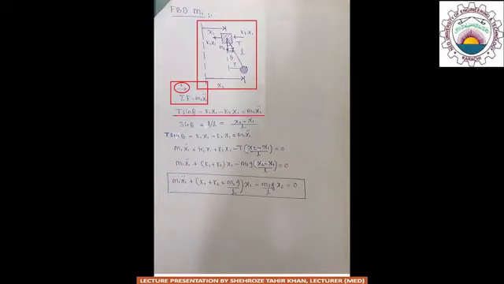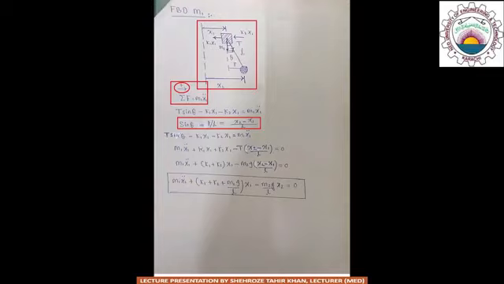Hence, T sine theta minus k1 x1 minus k2 x1 is equal to m1 x1 double dot. Since from the free body diagram it is given that sine theta is equal to (x2 minus x1) upon L, due to the fact that sine theta is a trigonometric function and it is equal to perpendicular upon hypotenuse.